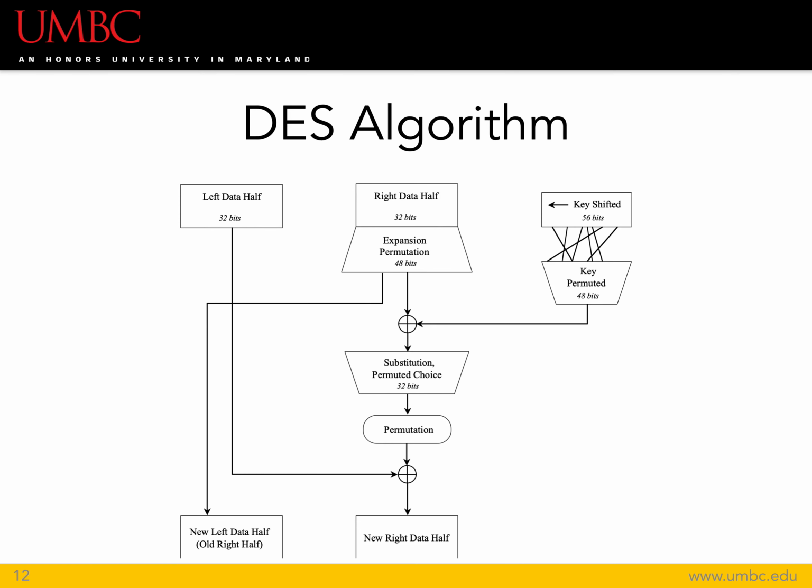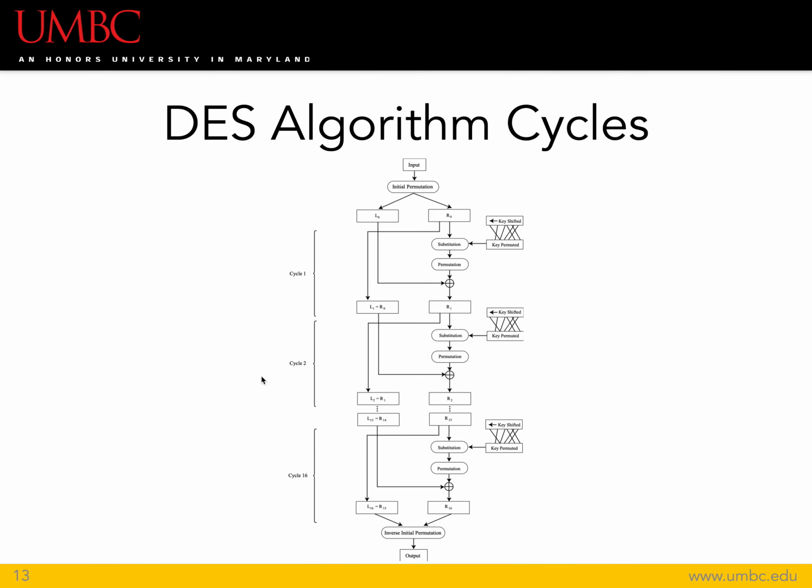And then you'll do this 16 times. So you have cycle 1, cycle 2, and then cycle 16 is going to look basically different. So the startup cycle, the middle cycles, and this is true for all of the 2 through 15, and then the final cycle that produces the final output of that particular block.